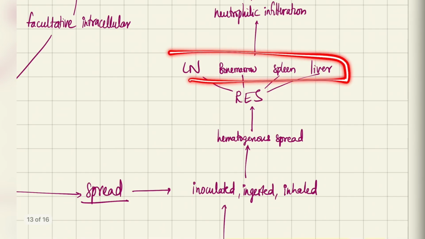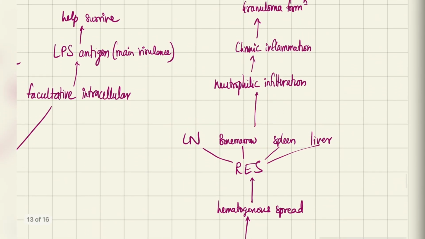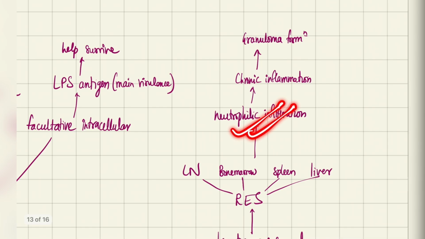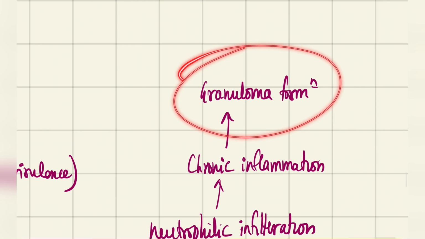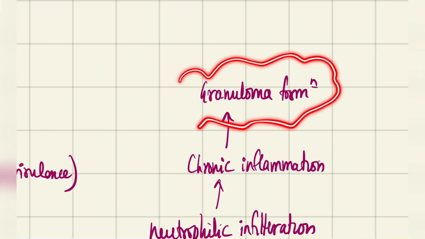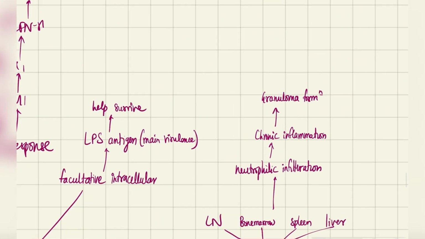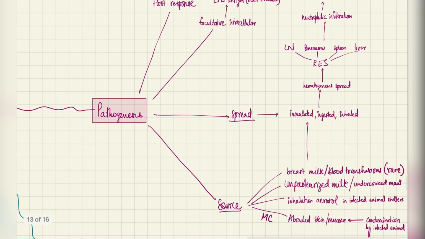Since it is infecting the body in all these places, there will be a neutrophilic infiltration to fight off the infection. This leads to chronic inflammation, and chronic inflammation usually ends in granuloma formation. That is a very important point which you should remember. So granuloma formation occurs here.